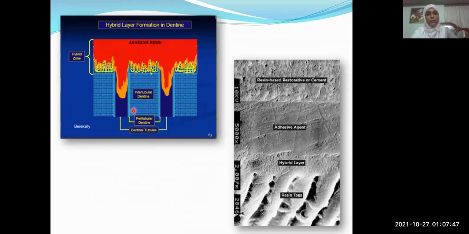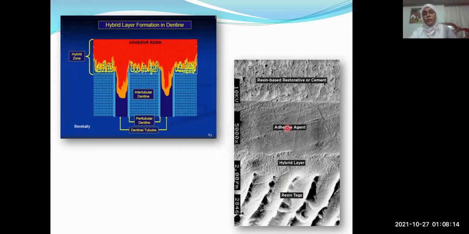So you can see the image here. These are the dentinal tubules, and this is the adhesive resin which has formed the hybrid layer. Within the dentinal tubules you have peritubular dentin, and then the intertubular dentin. Here you can see that resin tags are forming. There's a hybrid layer occurring between the bonding agent and the dentin.